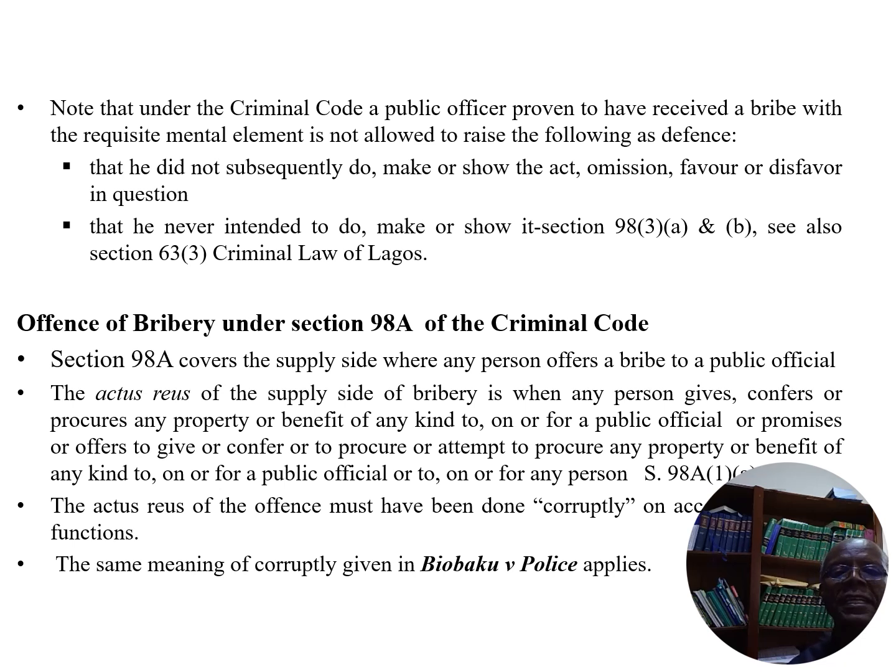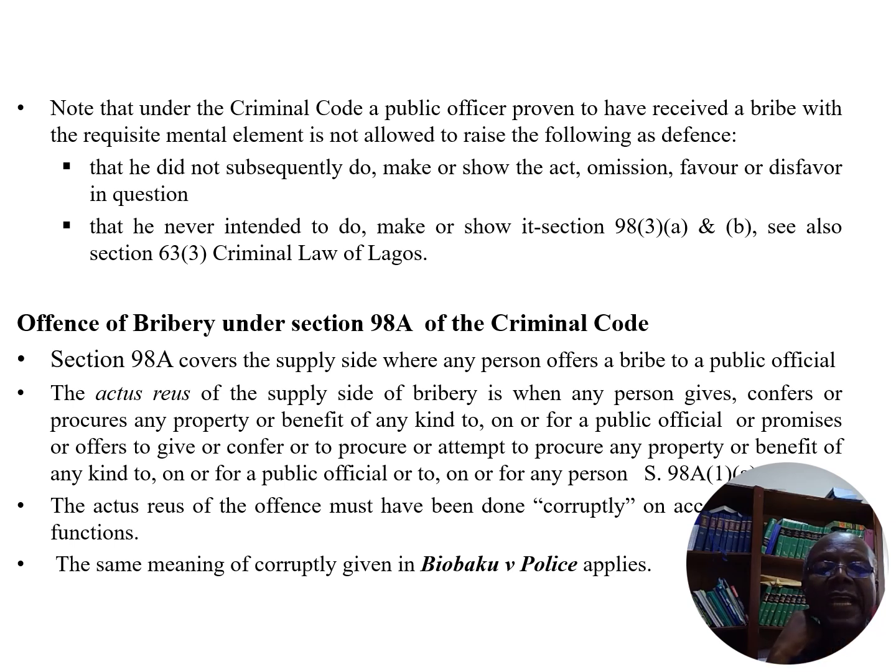Okay? Now, we're going to look at the offense of bribery under Section 98A. We have been looking at bribery under Section 98, which covers the demand side. The demand side is when the public officer asks for the bribe, demands the bribe, obtains the bribe.